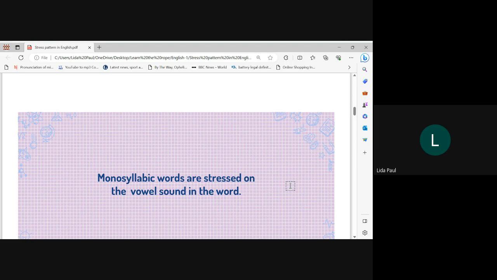Now, what does stress mean? Stress simply means that one of the syllables in the word is going to be pronounced or articulated with more force, louder and lengthier. The articulation of that particular syllable is going to be lengthier, and it is also going to be a bit louder than the other syllables. This is what stress simply means.